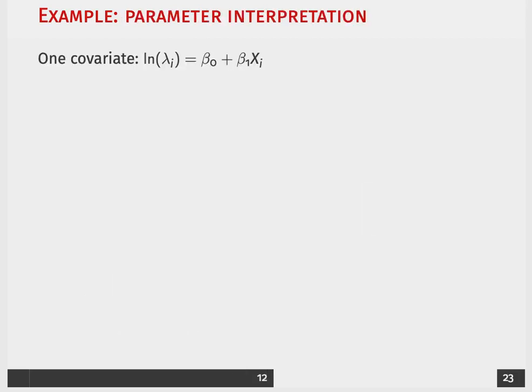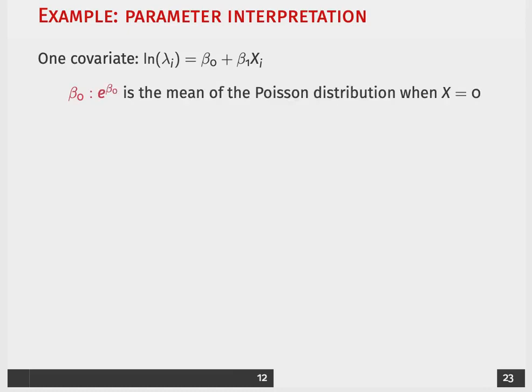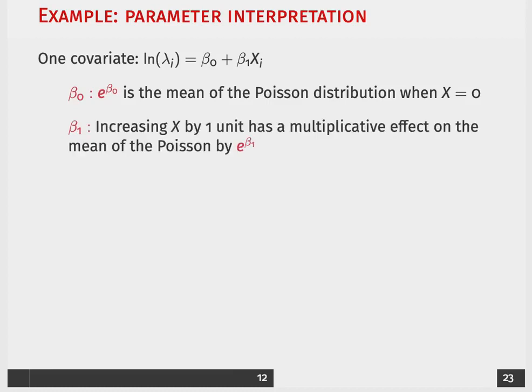So let's go one by one here and take the exponent of our intercept. That is the mean of the Poisson distribution when x equals 0. Now, beta 1 is saying increasing x by 1 unit has a multiplicative effect on the mean of the Poisson by the exponent of beta 1.